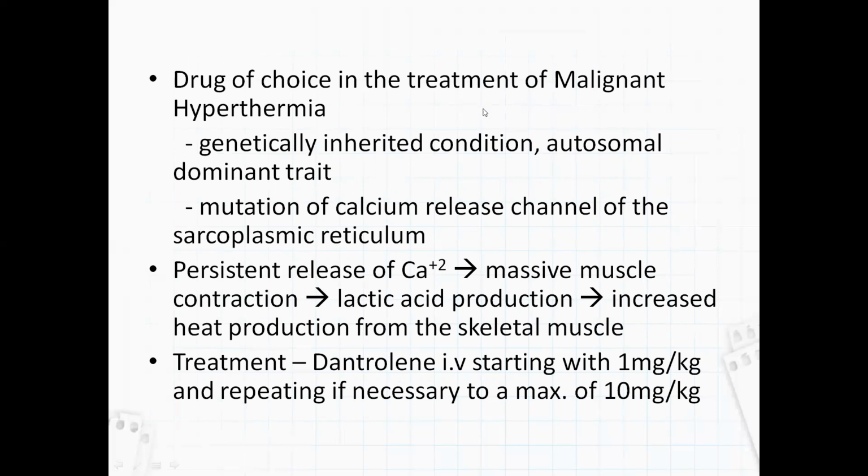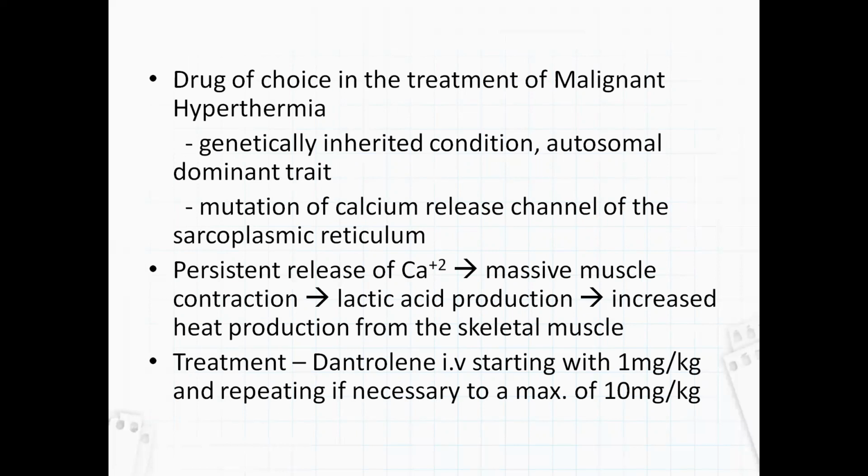As we already saw previously, malignant hyperthermia is a genetically inherited condition, an autosomal dominant trait. Here what happens is there is a mutation of the calcium release channel in the sarcoplasmic reticulum. Due to this mutation, if we are giving, let's say, succinylcholine, there is a persistent release of calcium happening with the succinylcholine depolarization.